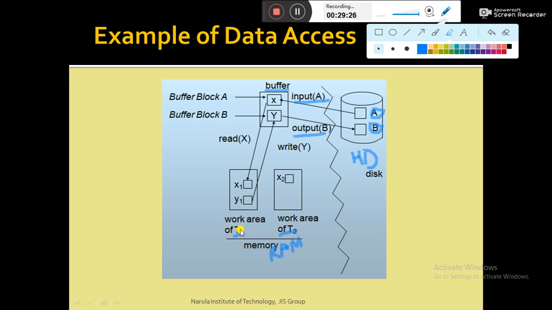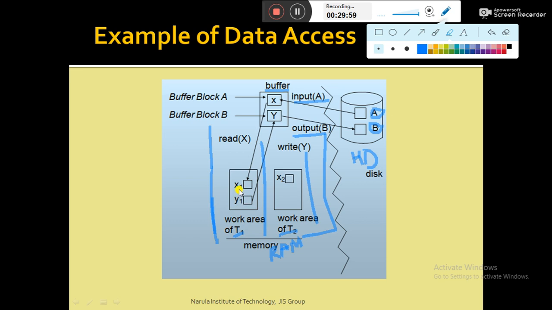And from the local buffer, when transaction T1 is executing, in the RAM a private area is associated with every transaction. In a large memory, multiple blocks are allocated for each specific transaction. For each specific transaction, a memory area is associated, and that memory area is known as the private area. So this is the private area of T1, this is the private area of T2.